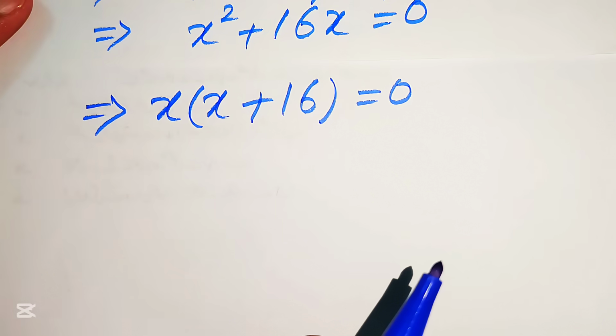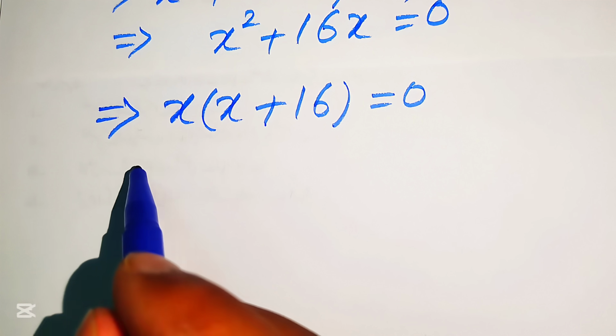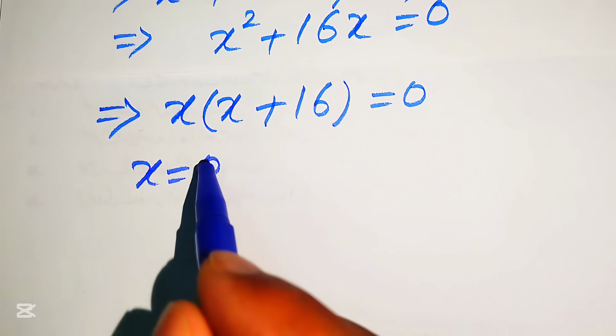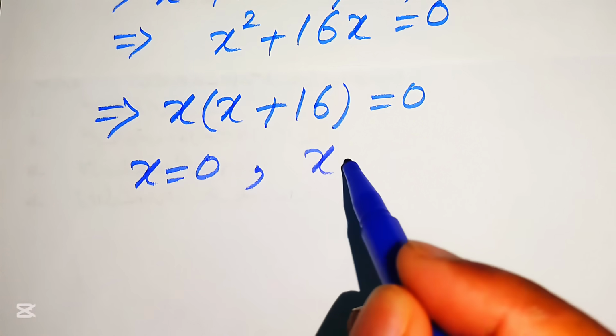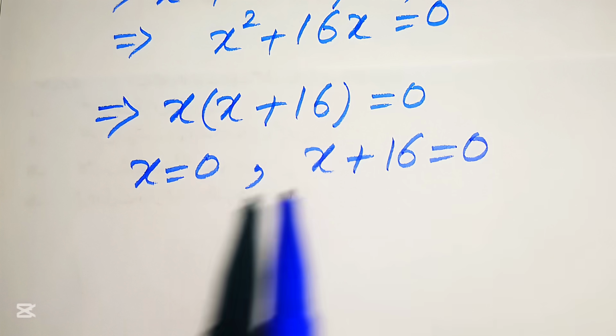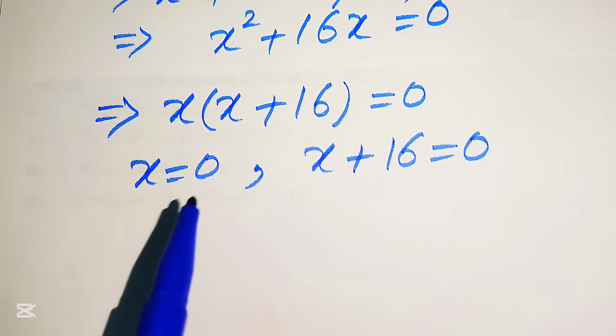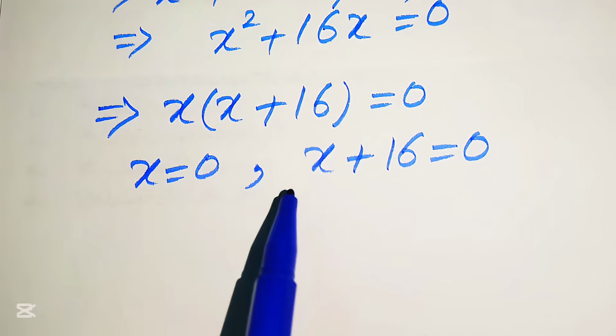Now in the next step, we break this equation: the first case is x equals 0, and the second case is x plus 16 equals 0. Here I can write the rule by which you can break these two factors equal to 0.